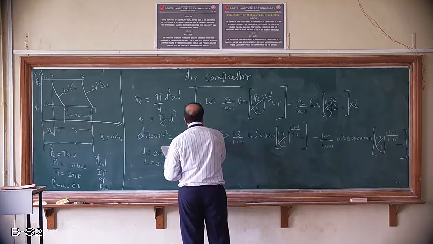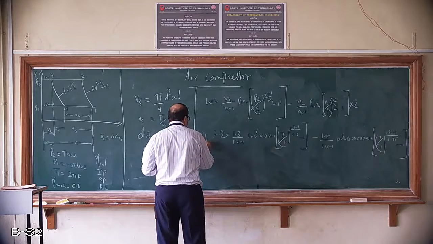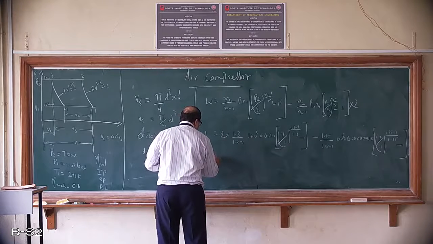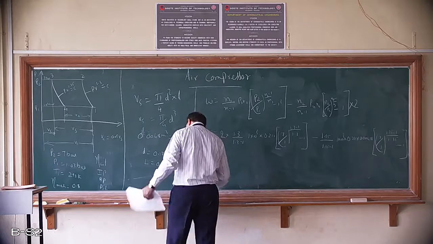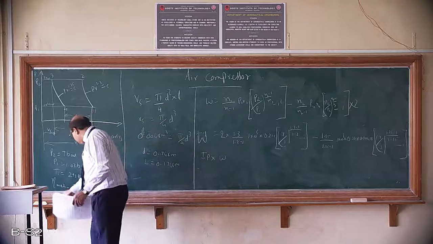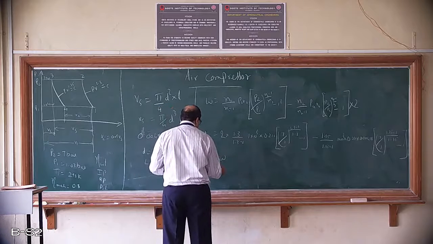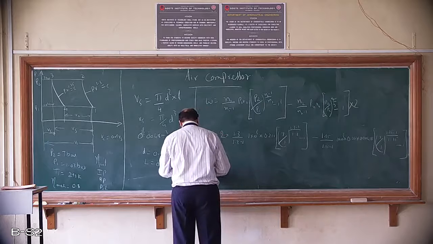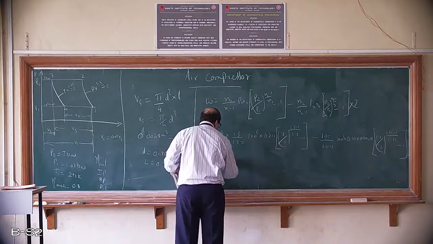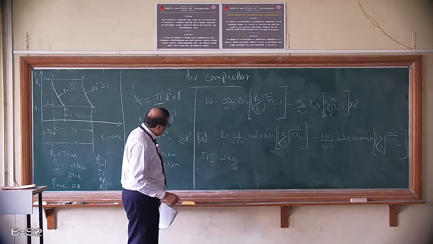Now to calculate IP directly. IP is work done into the number of cycles divided by 60, because N is in RPM and we want it in seconds.